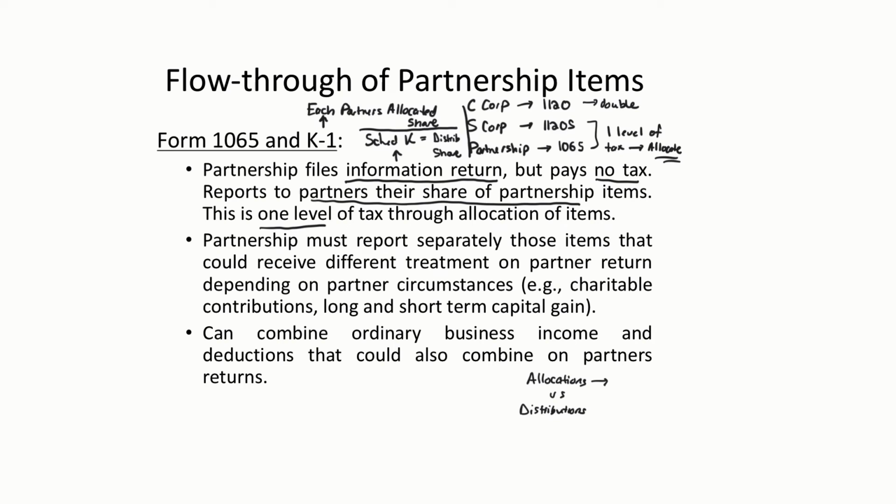So allocations, again, as I mentioned, each year the partnership is going to allocate items of income, deduction, credit, and other things out to the owners. Even if the owners do not receive any money or any property that year. So if the business has a bunch of taxable income, the owners are going to be subject to that, even if they don't receive any money on that year.